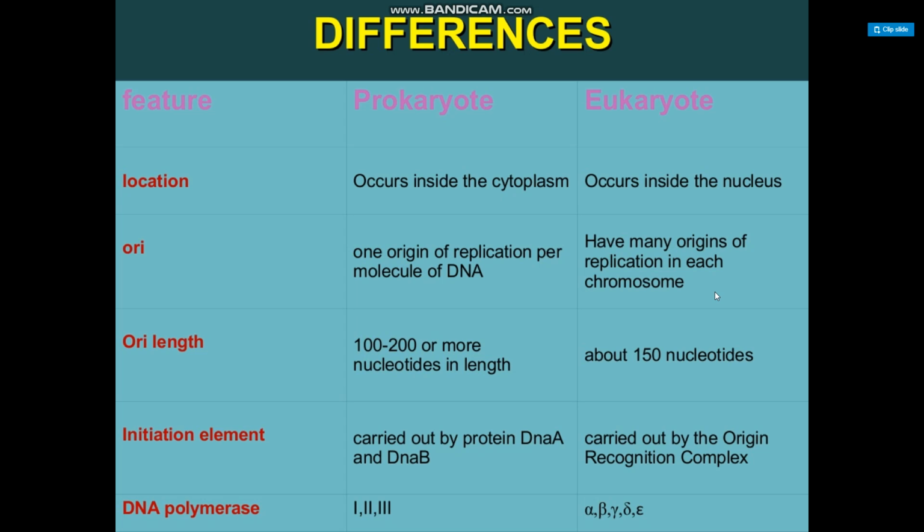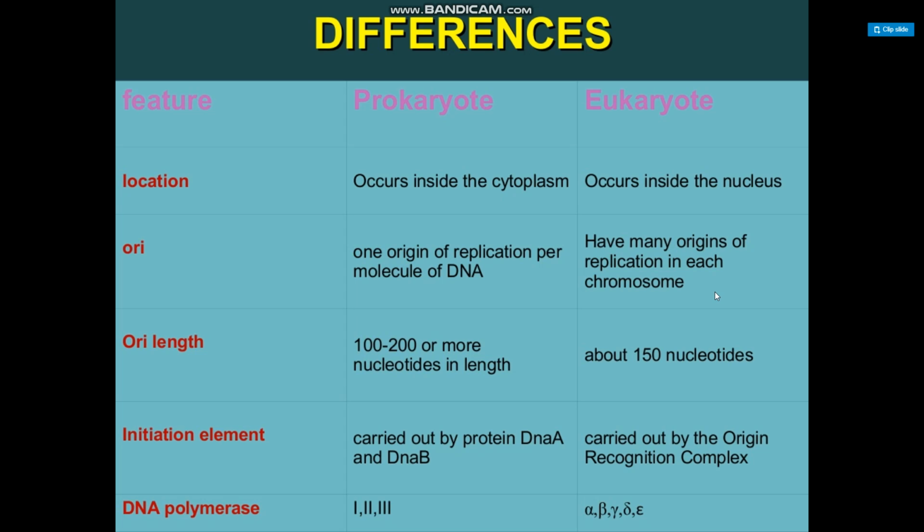First, we discuss the differences. What is the difference between prokaryotic replication and eukaryotic replication? First, location. Prokaryotic replication occurs inside the cytoplasm, and eukaryotic replication occurs inside the nucleus.